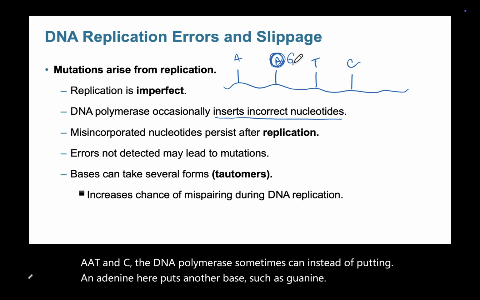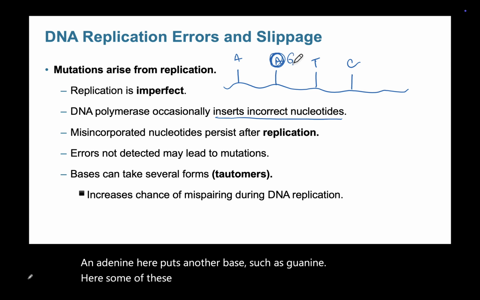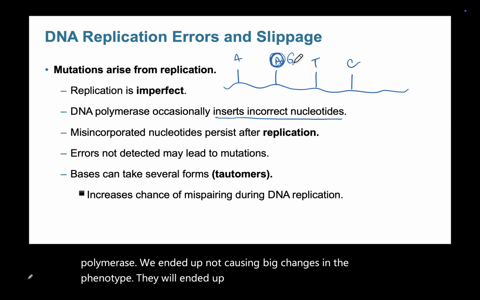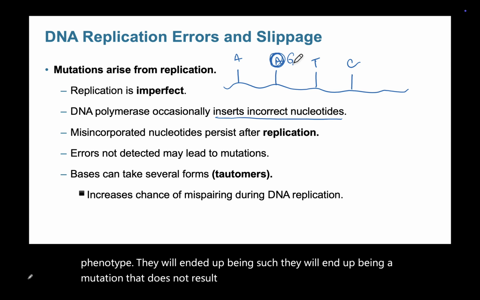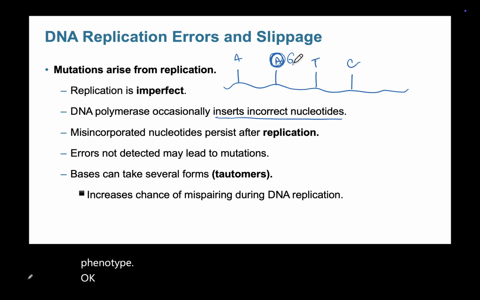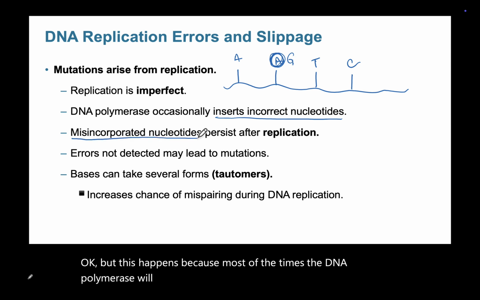Here, some of these changes caused by mistakes with the DNA polymerase will end up not causing big changes in the phenotype. They will end up being a mutation that does not result in a bad phenotype or in an apparent phenotype. Okay? But this happens because most of the time the DNA polymerase will misincorporate those nucleotides in the sequence.